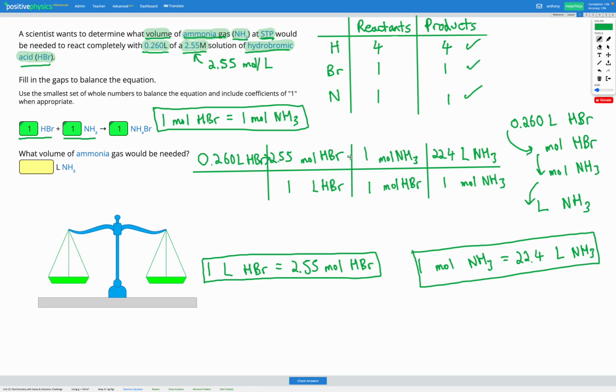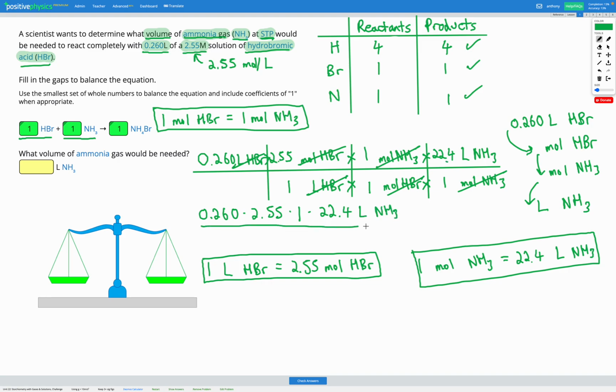Everything on top is going to multiply together. Everything on the bottom is going to multiply together. And then we're going to divide top by bottom. So any units that are the same on the top and the bottom can cancel. So liters of HBr cancels with liters of HBr. Moles of HBr cancels with moles of HBr, and moles of NH3 cancels with moles of NH3. So if we calculate that out, we've got 0.260 multiplied by 2.55 multiplied by 1 multiplied by 22.4 liters of NH3.